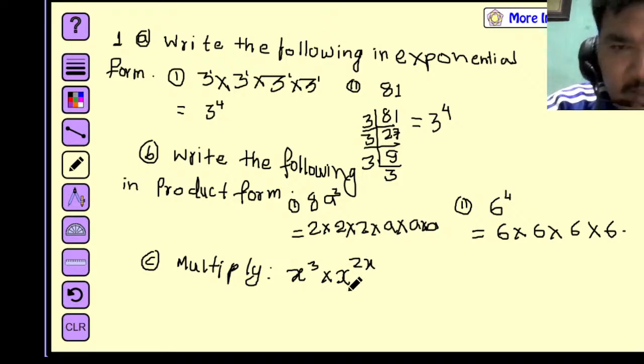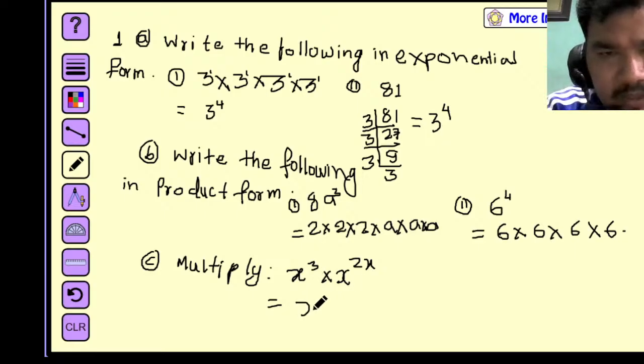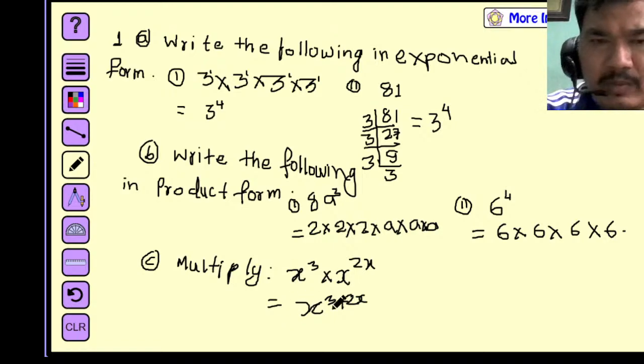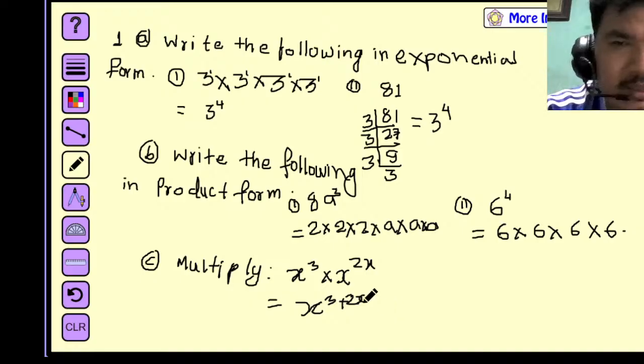Then we have to use the same rule I told. Both bases are the same, so write only one base, x, and the powers are added: 3 plus 2. Write only one base and add the powers.